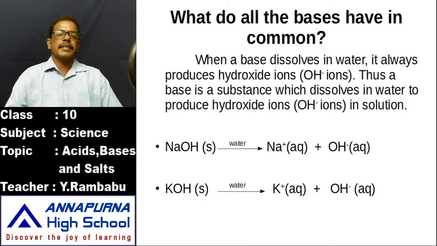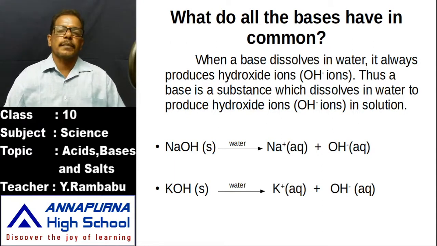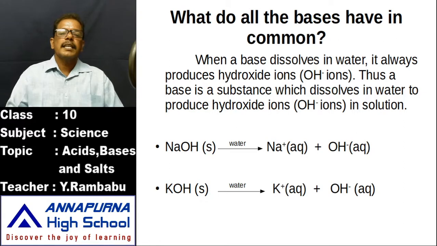Let us observe with an activity. Take a base and dissolve it in water. Already we know how to dilute an acid and how to dilute a base. Simply take water in required proportion and add a base to it. Whenever we add the base to the water, do the water and base react with each other?